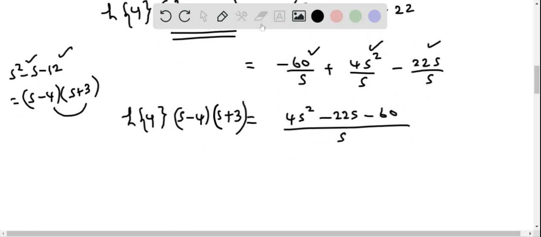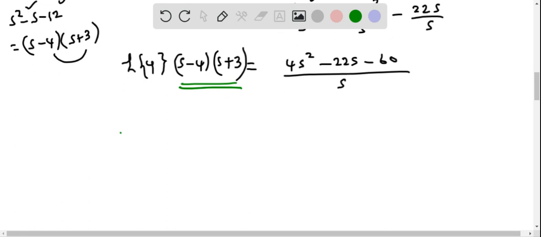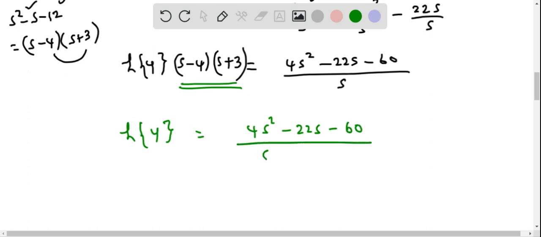Now let's continue. Now I divide both sides of this equation by this expression, so that I will have only Laplace transform of y on the left side. So when I do that, I will have only Laplace transform of y, and this equals the rational expression 4s squared minus 22s minus 60, and when you divide, we have to multiply by these terms, that is s times s minus 4 times s plus 3.